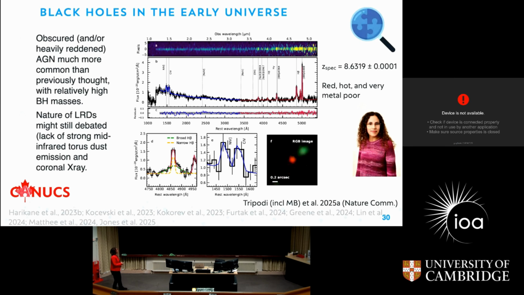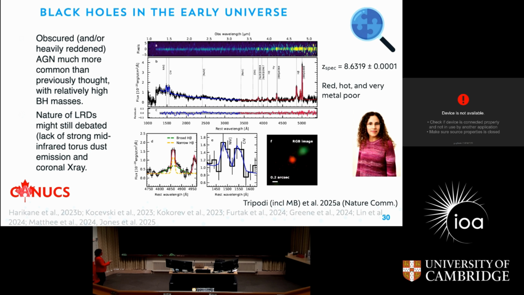So the nature of them is still a bit debated, but I think what is going to end up at the end is that they're a combination of maybe black holes and some star-forming galaxies on top of that. But in any case, these objects are turning out to be amazing because we can really study the formation of black holes in the early universe.